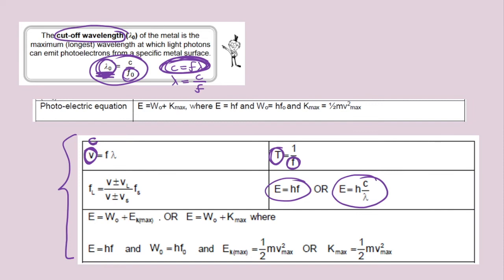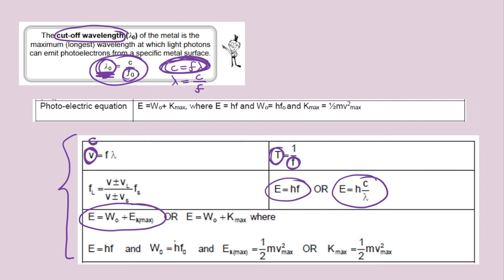They've included two forms of the photoelectric effect equation. We tend to use this one where we use E subscript K, where E subscript K max is the maximum amount of kinetic energy that your electron will have if your photon has more energy than the work function.